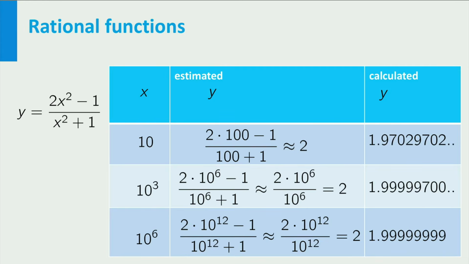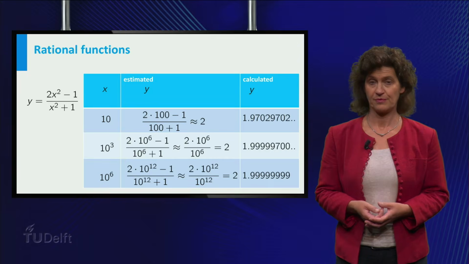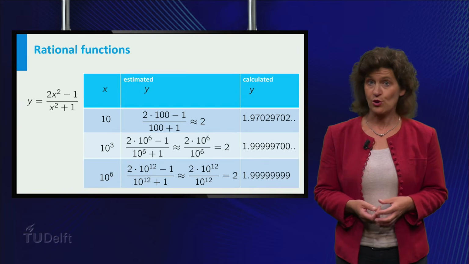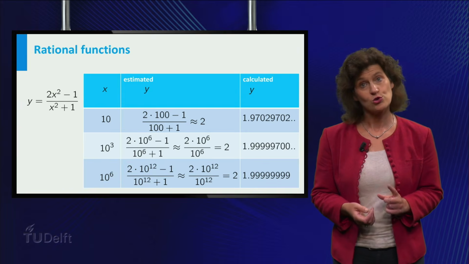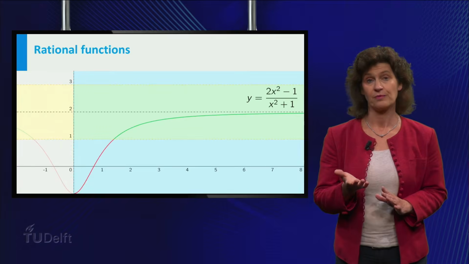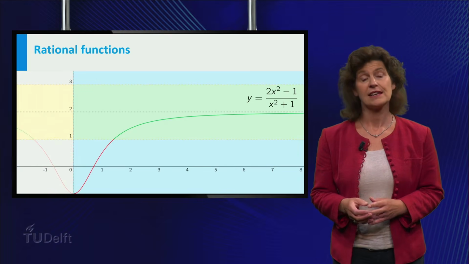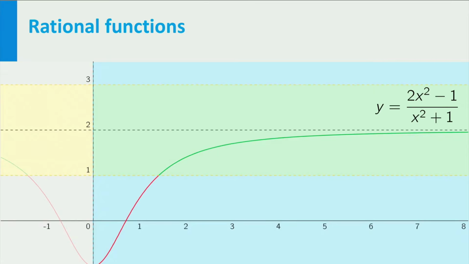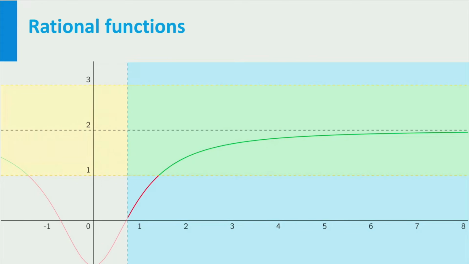Now, with the calculator, you get more precise values, as you can see here. And you may observe that the value of y gets closer and closer to 2 from below. Here you can see this in the graph of f. And here is an animation to show this to you. The line where the value of y is 2 is a horizontal line at height 2.